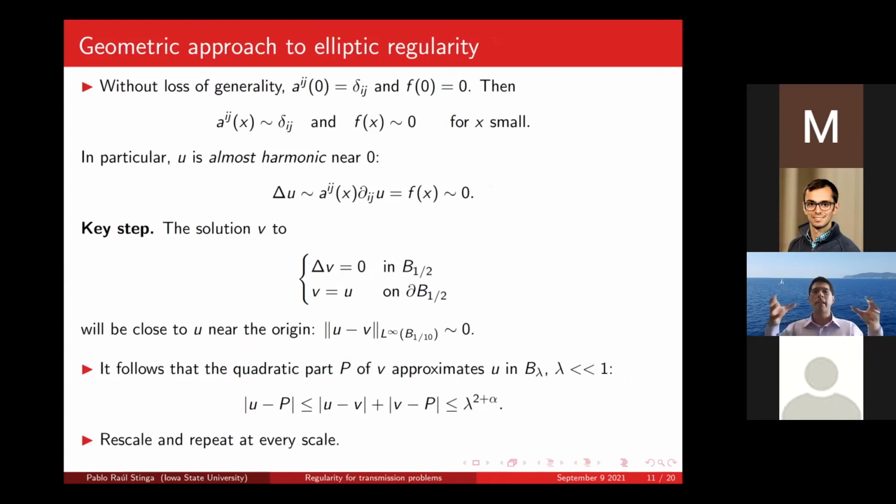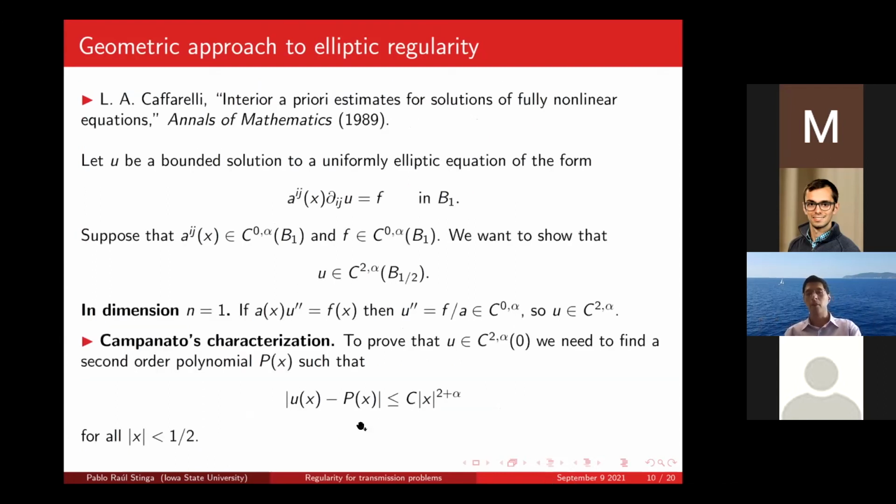And then you rescale again, and then you have an approximation at scale lambda cubed, and so on. So at each scale, you find these polynomials that approximate u in a C to 2 alpha fashion. And the idea is that then you pass to the limit, and you construct finally this polynomial p that makes this job.